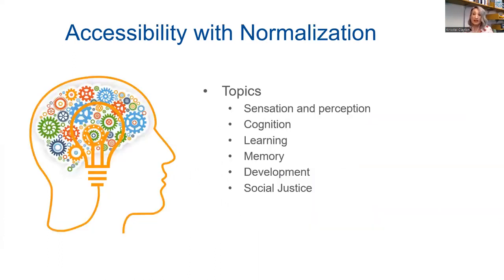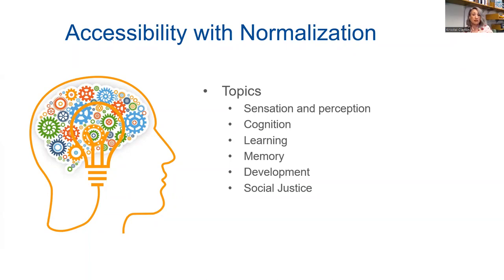Now, another way that I make sure we have constant conversation about neurodiversity is I try to normalize the conversation. Now, if we think about some of our textbooks, they might not talk about neurodiversity at all, or they might only talk about neurodiversity in very specific chapters. So what I like to do is figure out how I can weave the topic of neurodiversity into as many things as I'm going to teach about as possible.